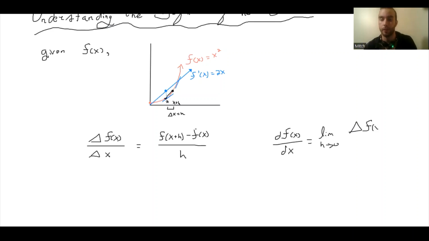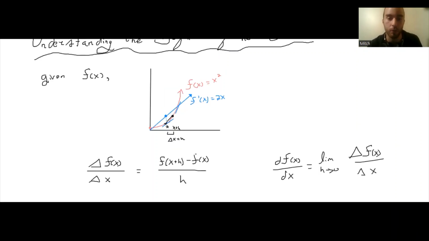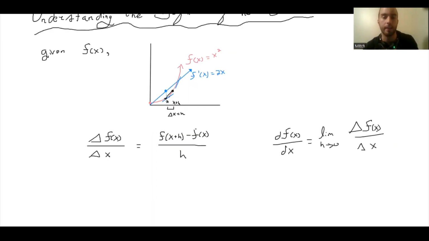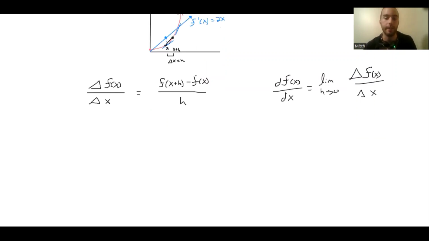So delta f of x plus delta x. This big delta is that average. And then this little d, the derivative, is it taking the limit. So as h slowly goes towards 0 and it becomes that tangent line, then that's what our derivative is. And so that's how we get the limit definition of the derivative.